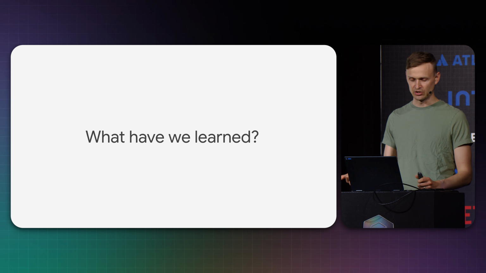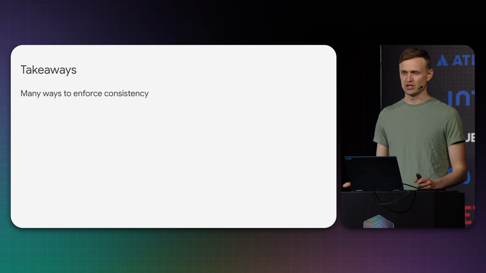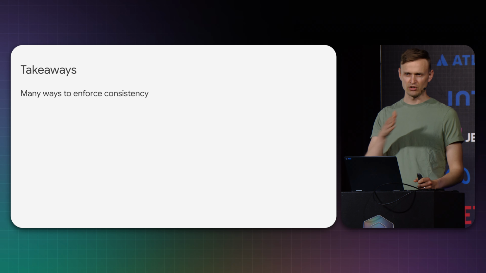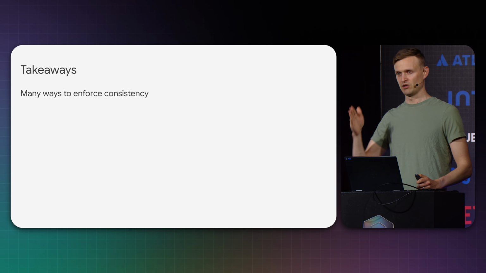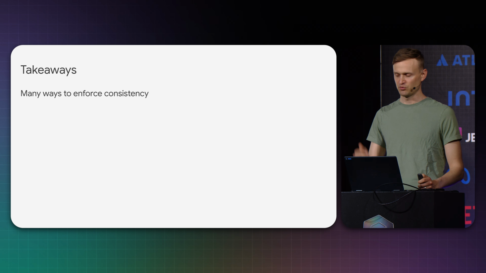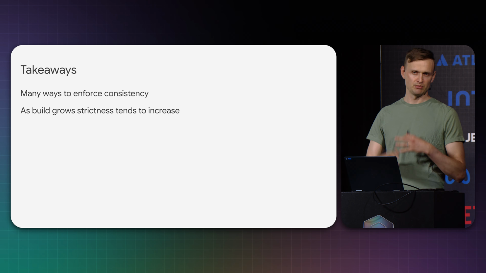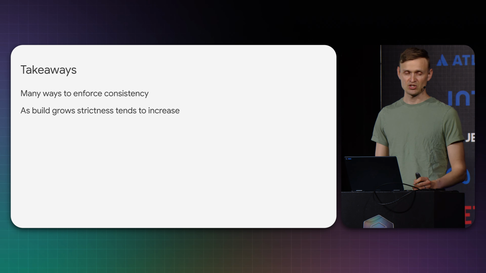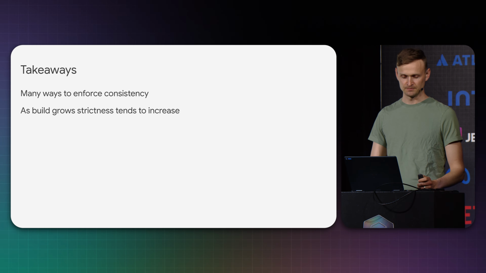So what have we learned? What are the takeaways? I think there's many ways to enforce consistency, and you kind of saw it through the slides. You can go from as little strictness to the maximum amount of strictness, and you can pick for your project what you need. As your build grows, you're most likely going to get stricter. So in AndroidX, where we build thousands of libraries in a single repository, we're definitely leaning towards a stricter and stricter type of setup.